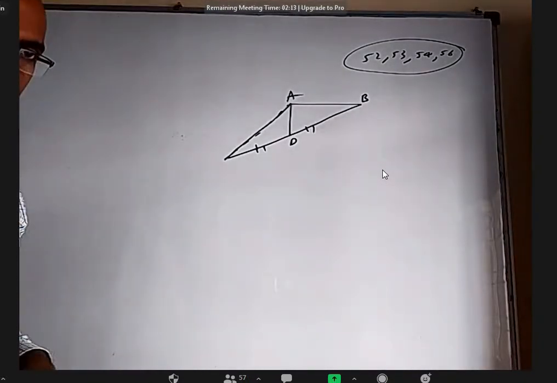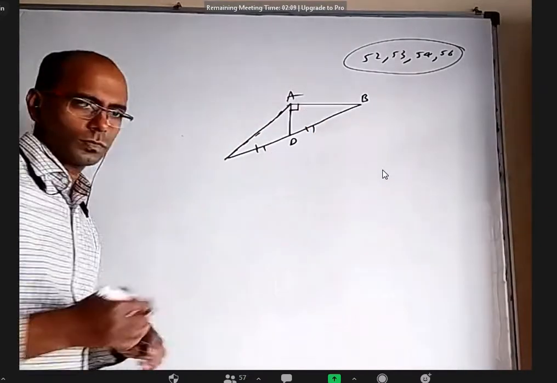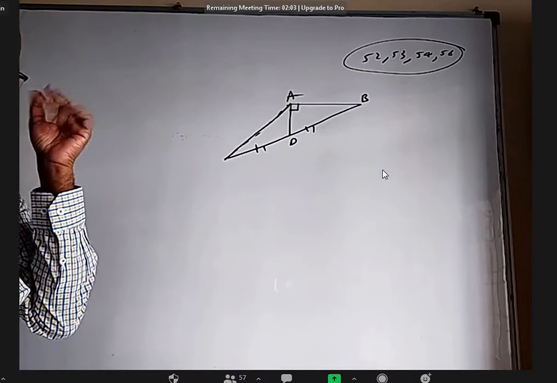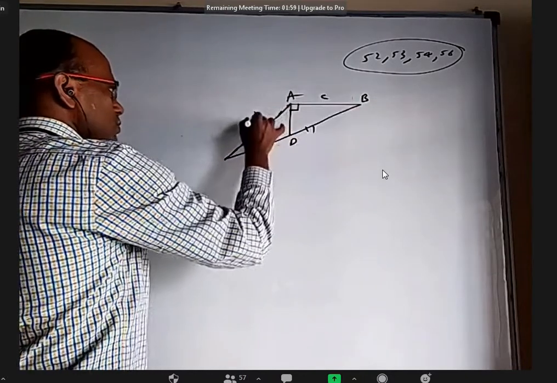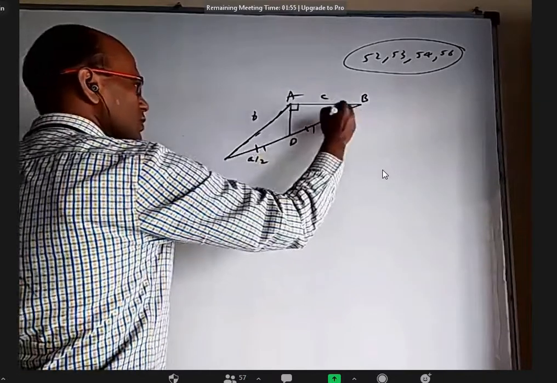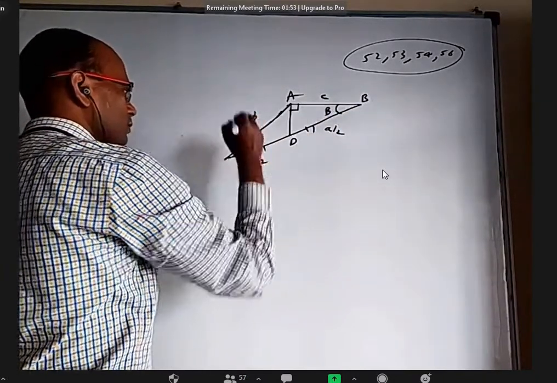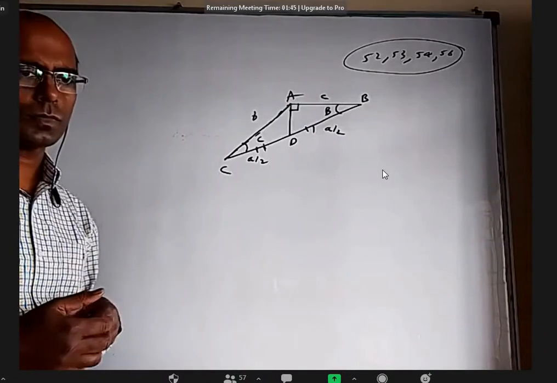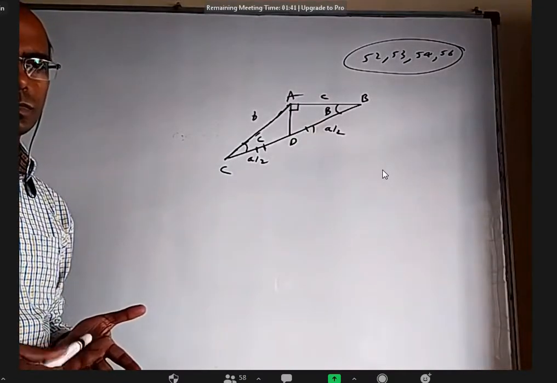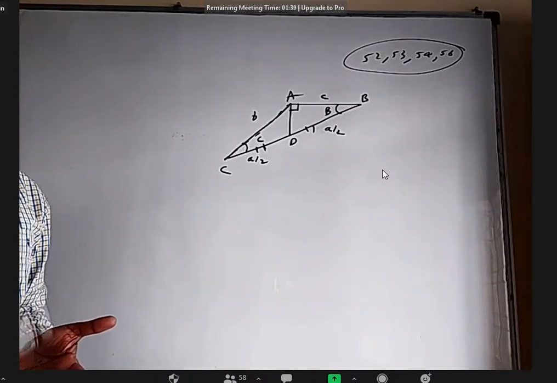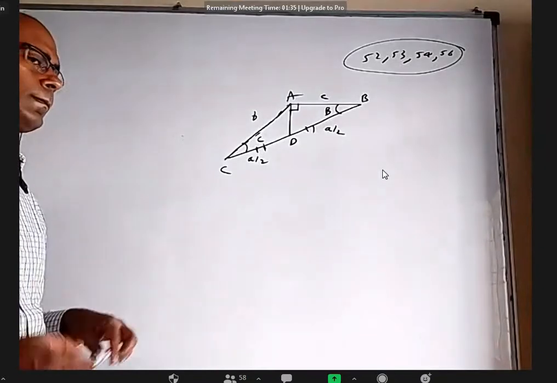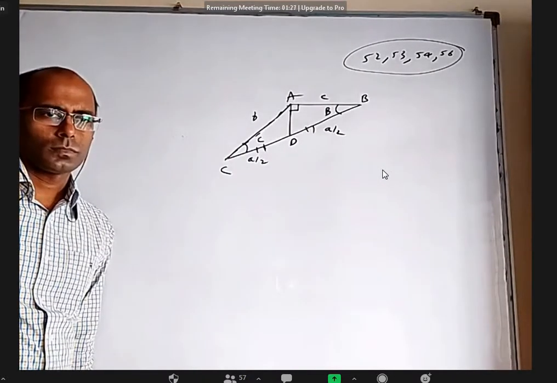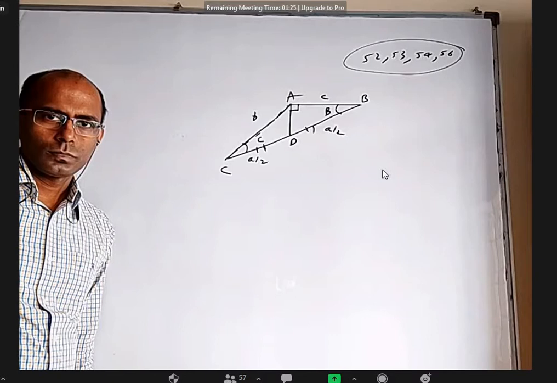Okay, so think about it, just a few minutes. This is C, this is B, this is A by 2, this is A by 2, this is angle B, this is angle C. Got it?